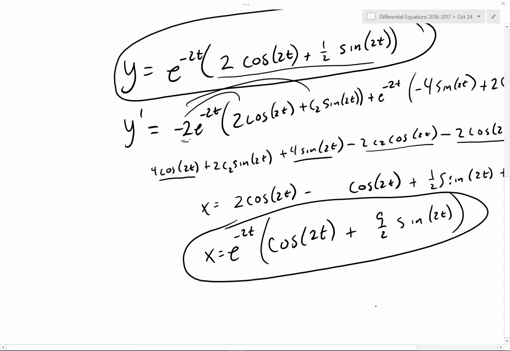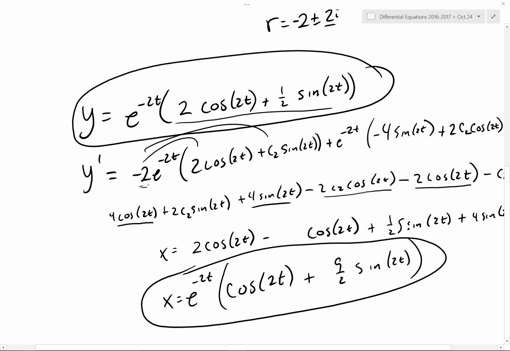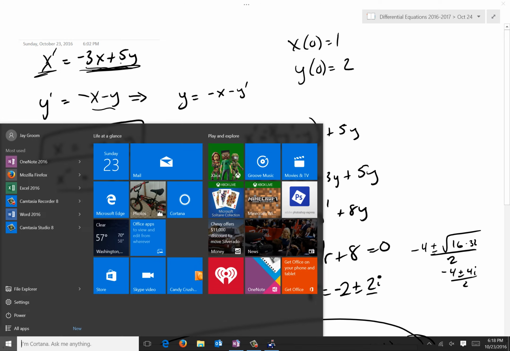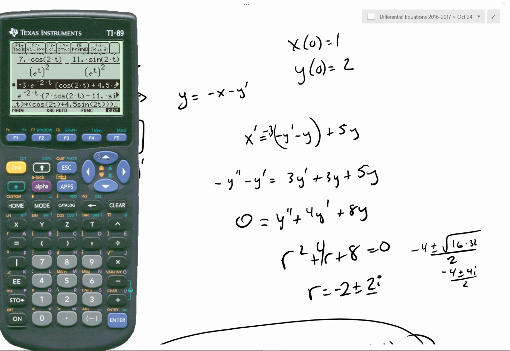I love it when I actually do something right. So, notice up here it says that x prime is negative 3 times x plus 5y. So what I did was, in my calculator, I took the derivative. The derivative is 7 cosine 2t, and then this is e to the minus 2t.